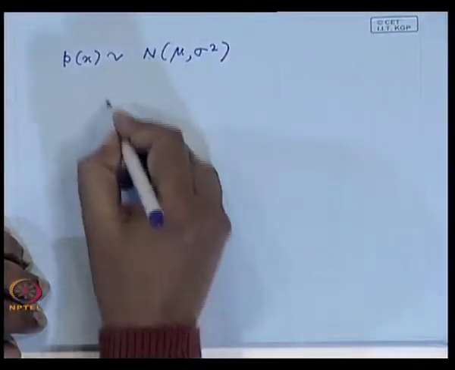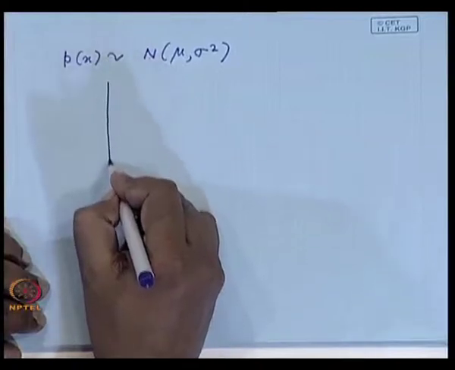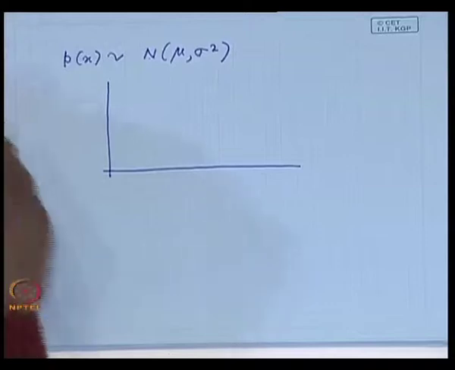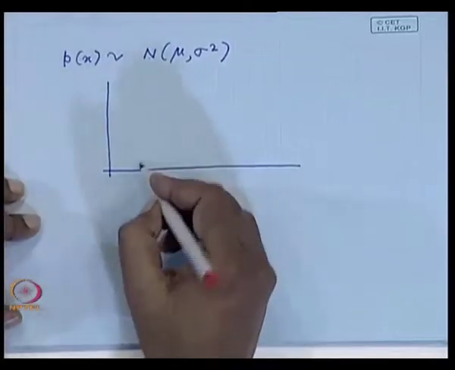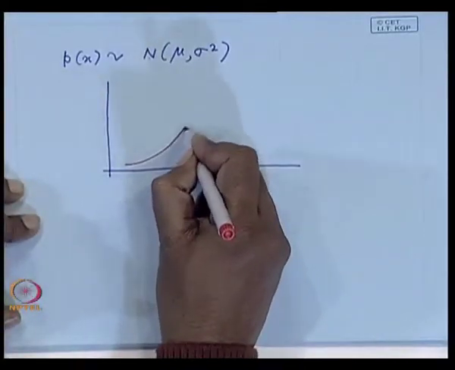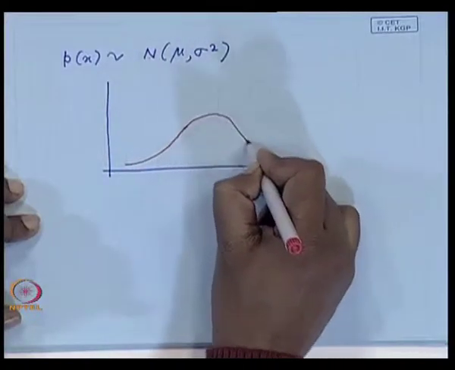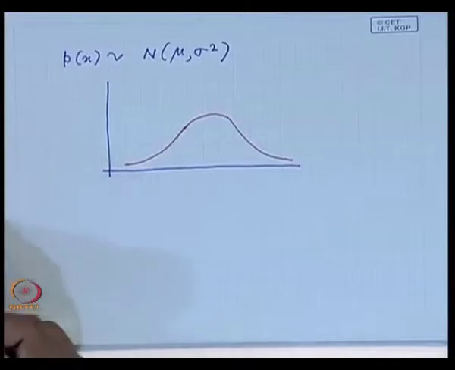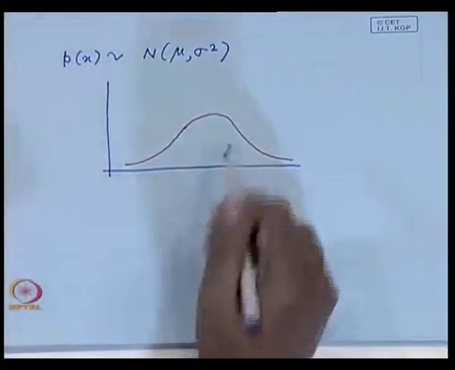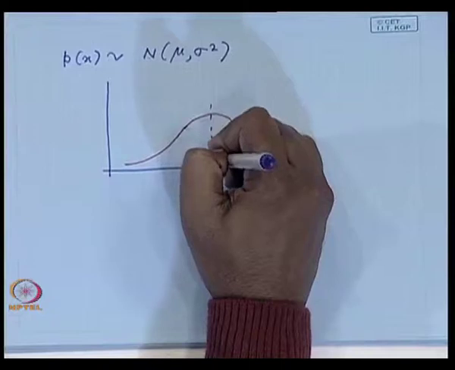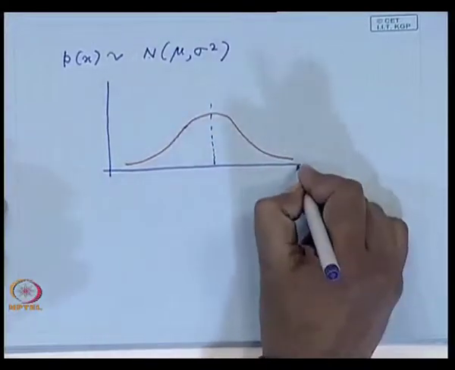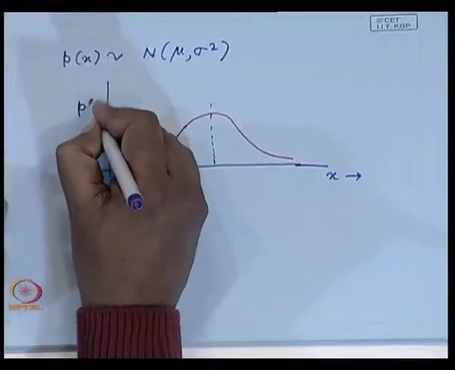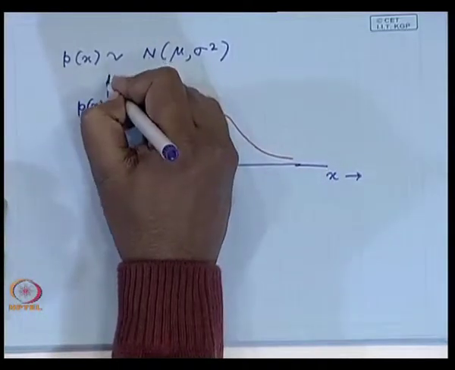If I plot this normal density, the plot will be like this, where the peak is, with x along the horizontal direction and p(x) along the vertical direction.